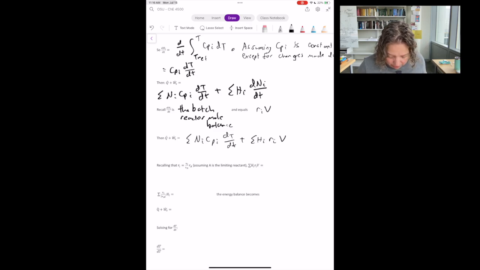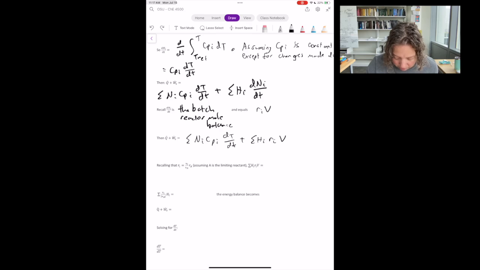The next thing we can do is say, okay, here we have all of these individualized rate terms, and they're going to be multiplied by each of these individual enthalpy terms. So we basically have the rate of each species times its associated enthalpy of formation. We can use that. We're going to use the law of relative rates here, indicating that I can relate the rate of any species to the rate of any other species. So here I'm going to relate to species A, which implicitly is the limiting reactant.